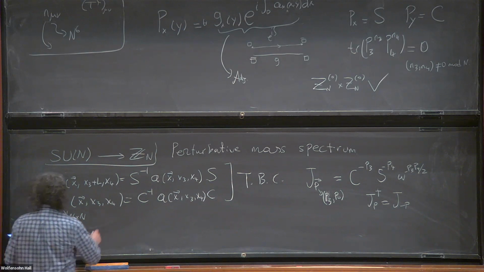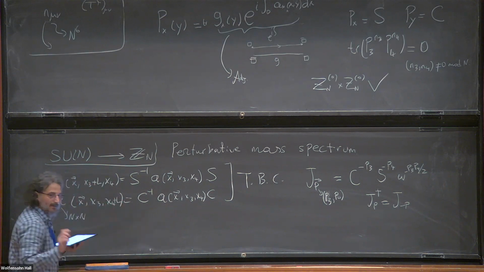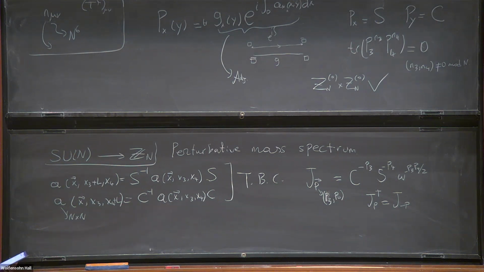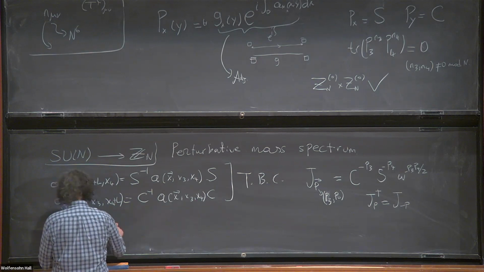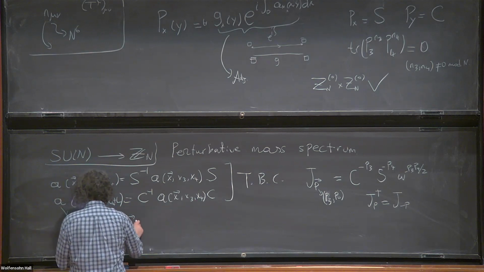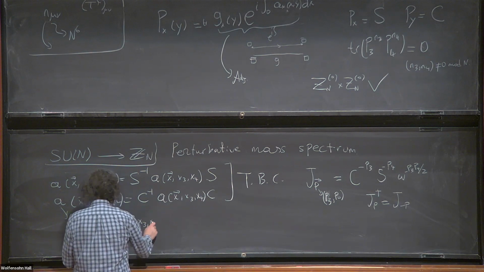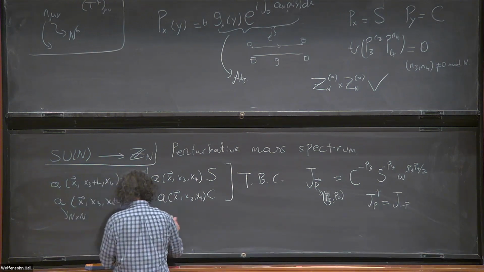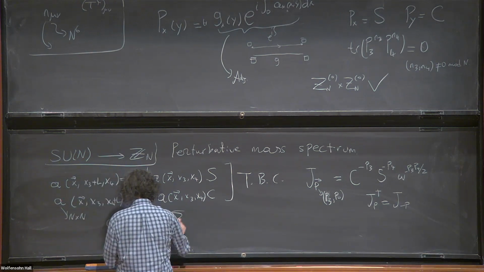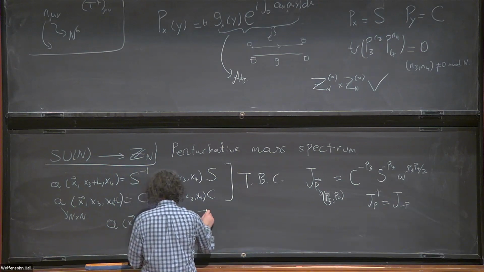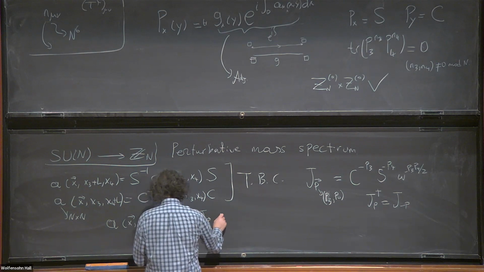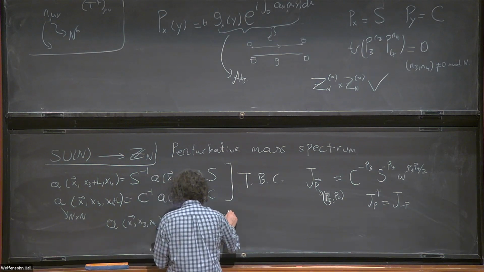Good. These are n by n matrices. You can actually decompose them as follows. X, X3, X4, it doesn't matter, these labels. The sum over P not equal to 0 of J_P times A_P.